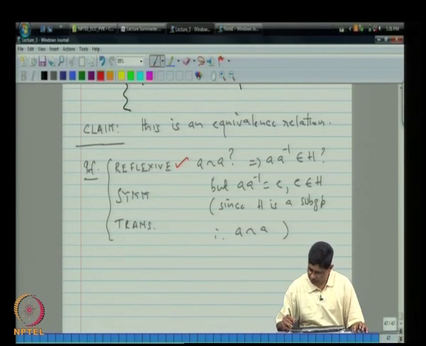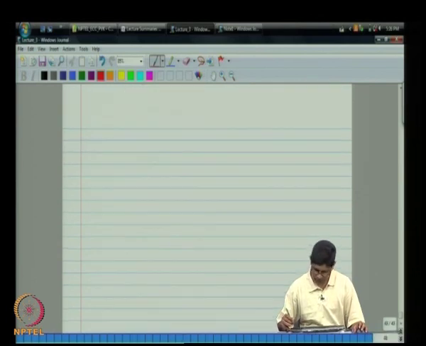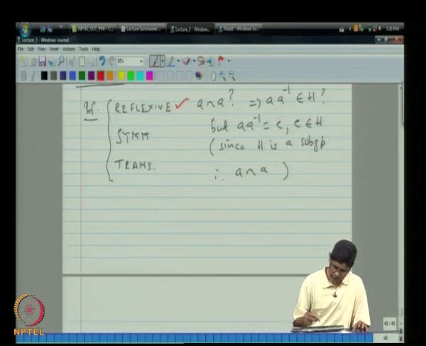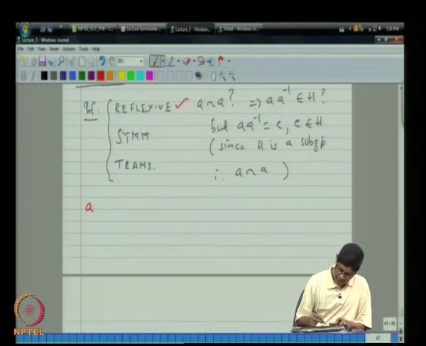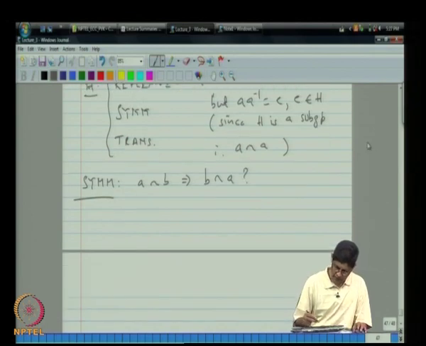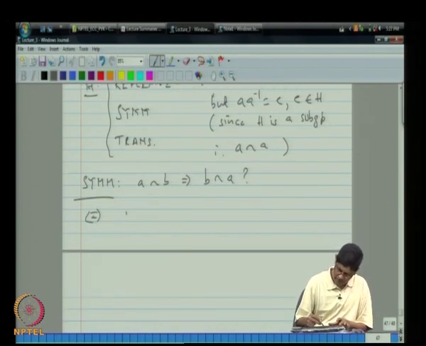How about the others? The symmetry property: if A is equivalent to B, does this imply B equivalent to A? That is the same as asking the question: A B inverse in H, does this imply that B A inverse belongs to H?